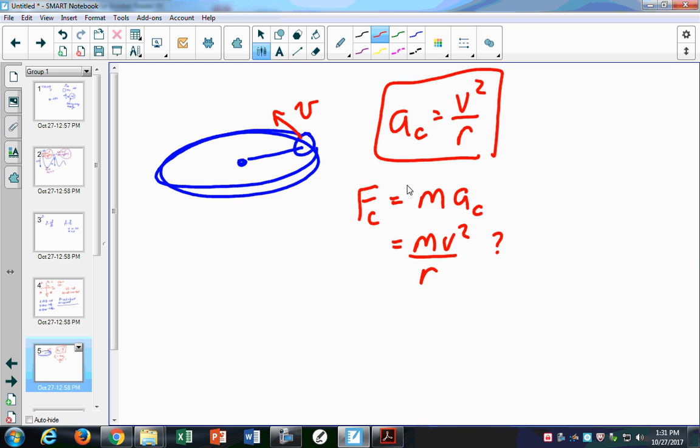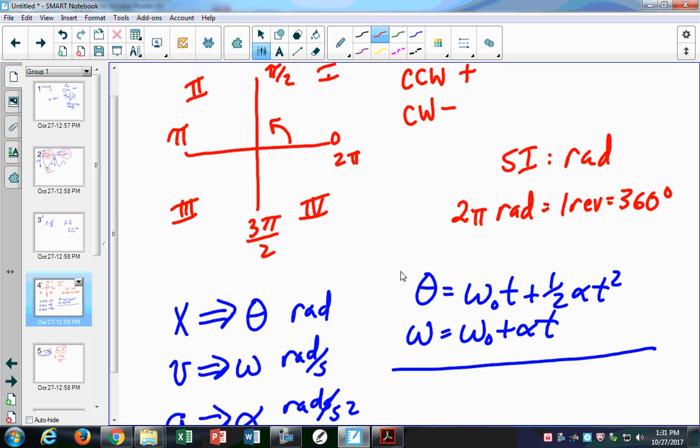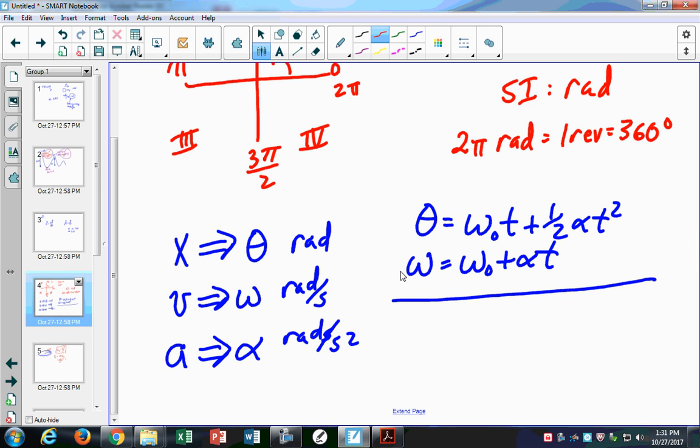Let me go back to that previous slide, because I forgot to say something. We can translate our angular to our linear quantities in this way. X is equal to theta times r. We just multiply them times the radius. V is equal to omega times r, and A is equal to alpha times r.